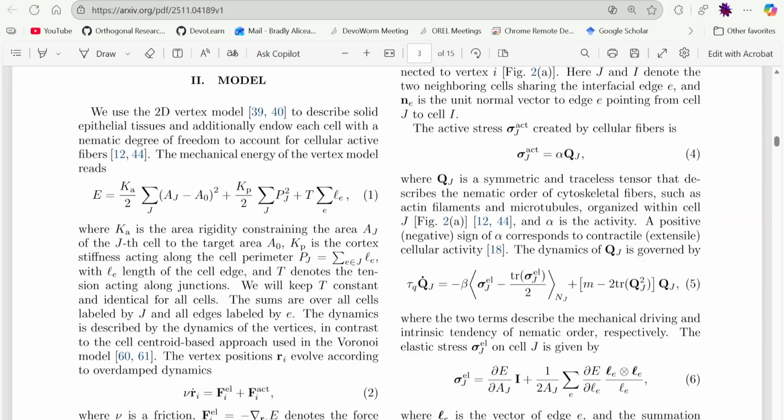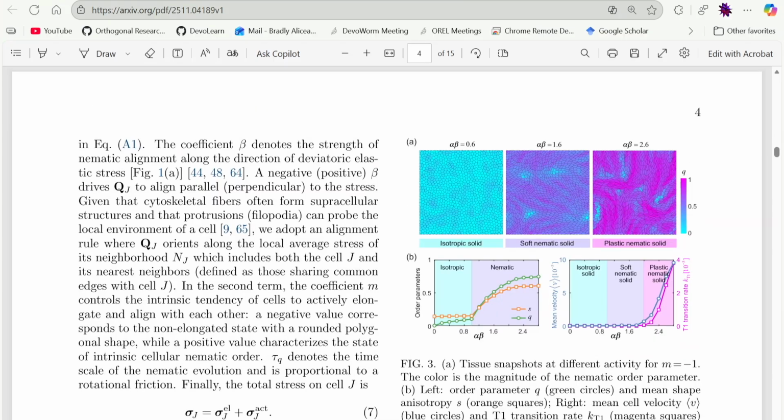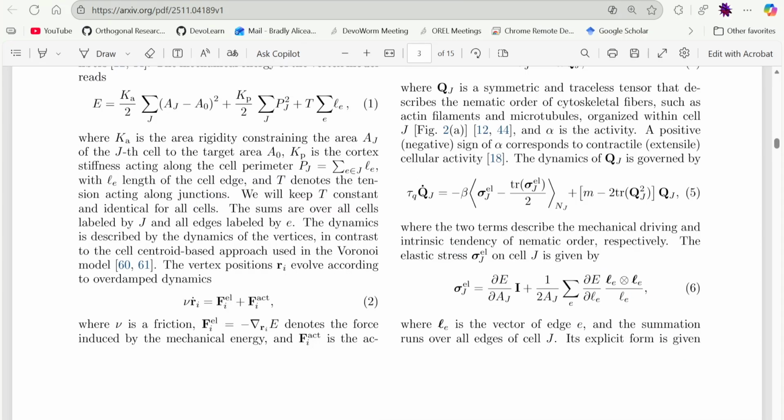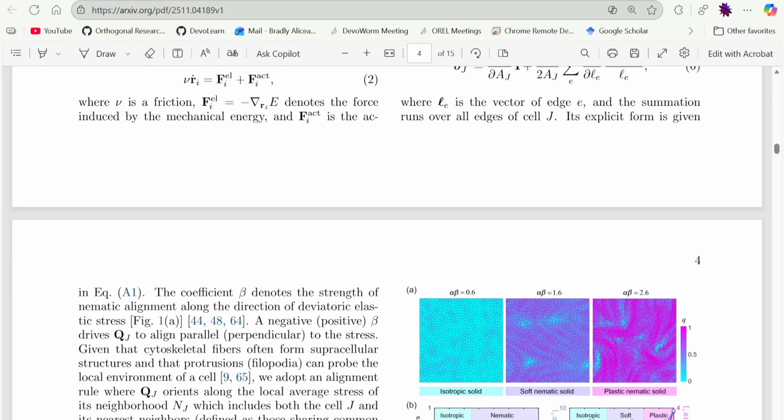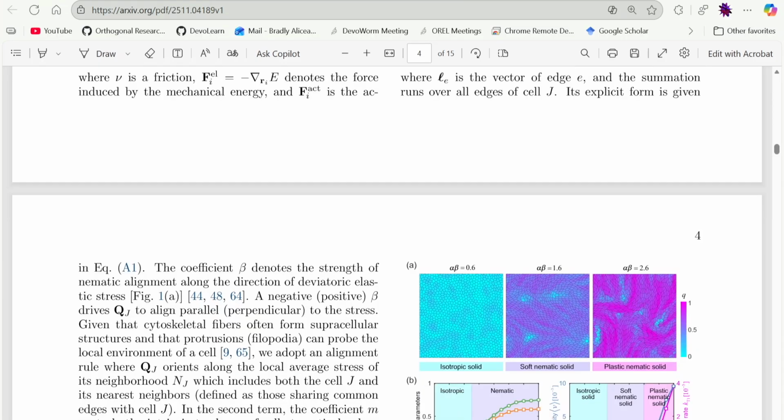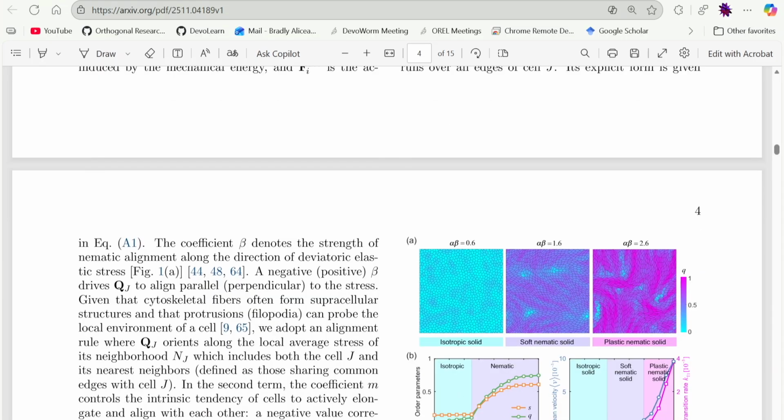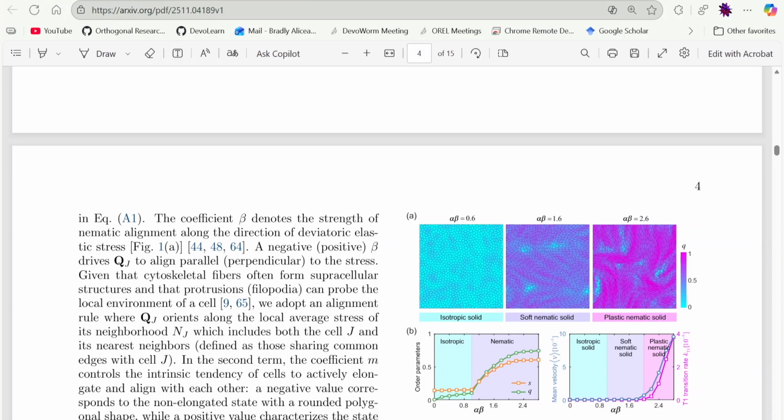The elastic stress on cell J is given by 6, where L_E is the vector of edge E, and the summation runs over all edges of cell J. Its explicit form is given in equation A1. The coefficient beta denotes the strength of nematic alignment along the direction of deviatoric elastic stress.